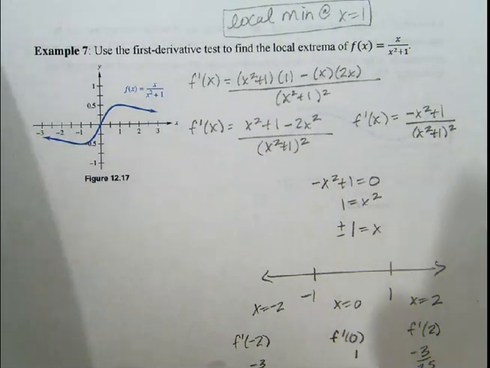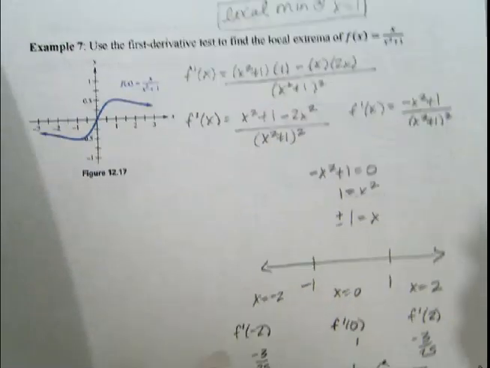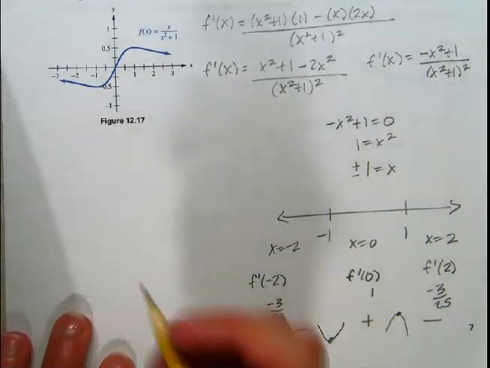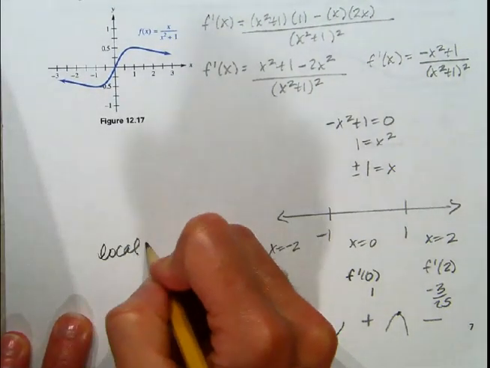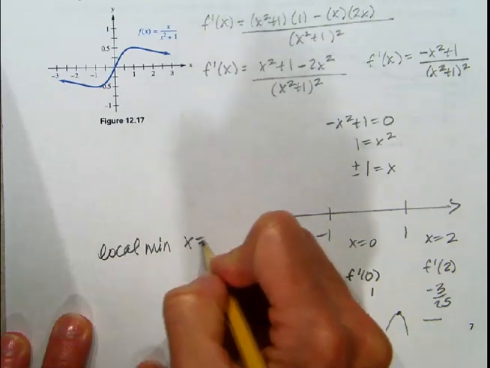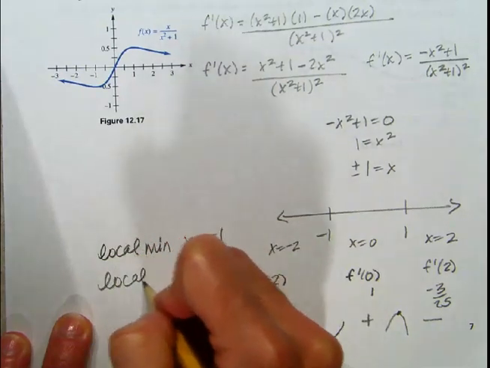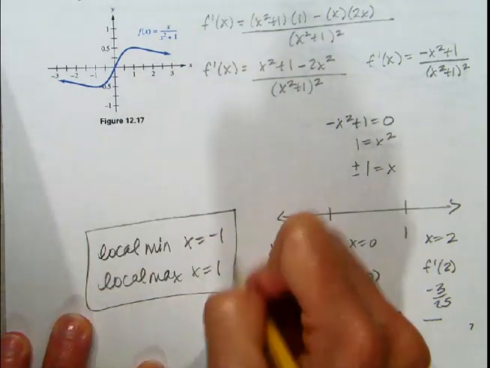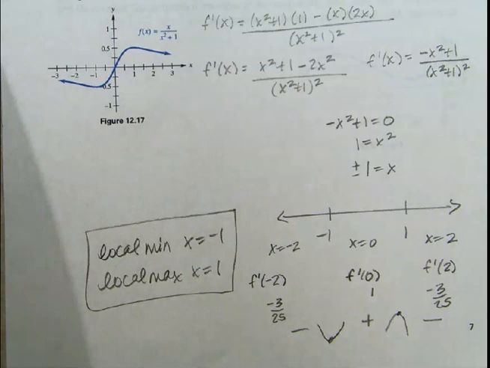So that means I have a local min there, a local max there. So let's write it over here. Local min at x equal -1 and local max at x equals 1. And you can look at the graph and of course get that same information.